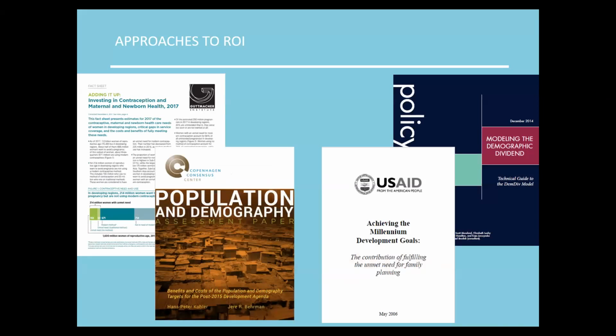So finally, I want to turn to the $1 to $120 approach, which was done in 2011 as a series of papers that were meant to compare development interventions in the context of the post-2015 development agenda.